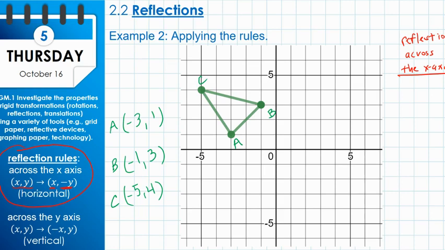So if I'm reflecting across the x-axis, and again, that's a reflection across this line, A prime, B prime, and C prime all should have the same x values. So I simply rewrite -3, -1, -5.